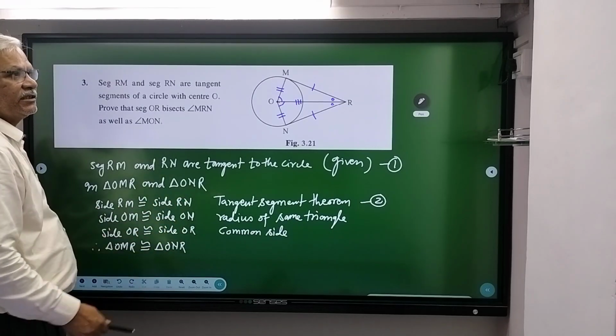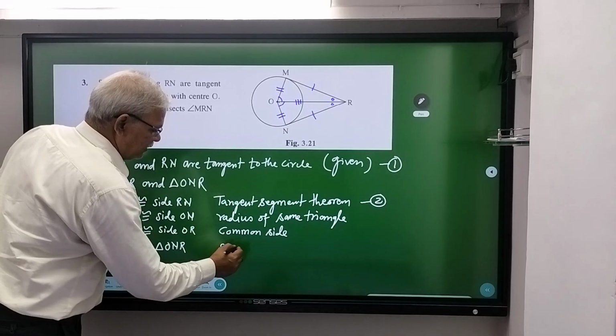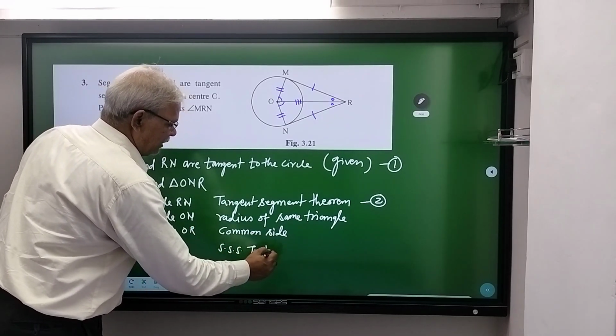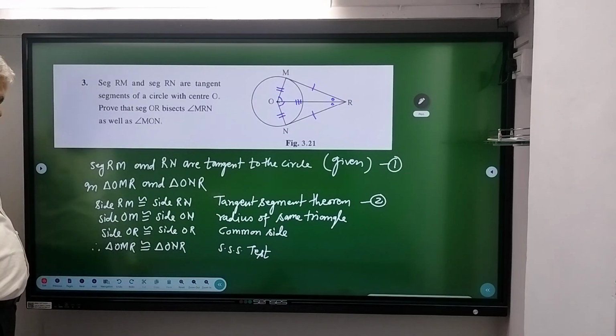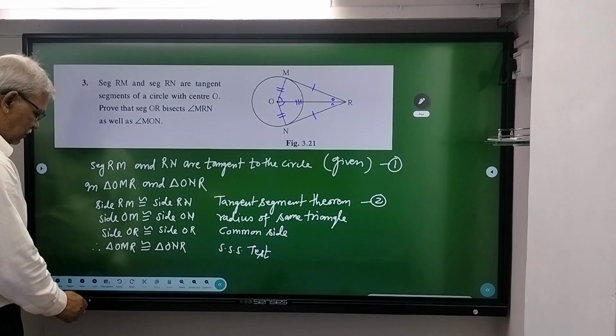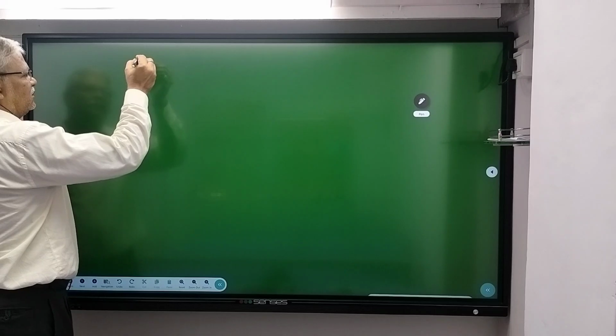Here the sides are congruent, therefore yes, SSS test. Okay, is there any problem? No. Now see the next. What is next? Next is here.